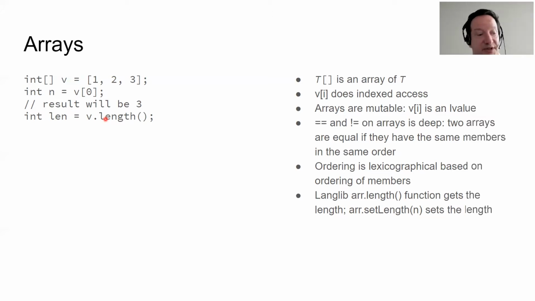But equals equals doesn't test whether they are in the same place in memory. It tests whether they have the same contents. So equals equals is a deep comparison operator on the members of the array. Arrays are equal if they have the same members in the same order. And ordering is a generalization of that.